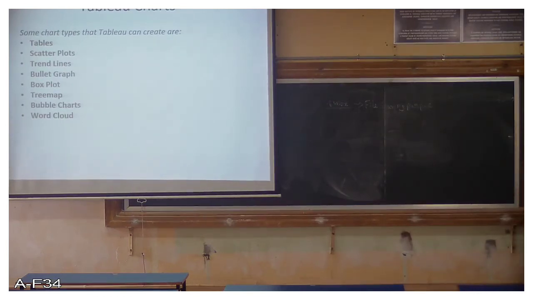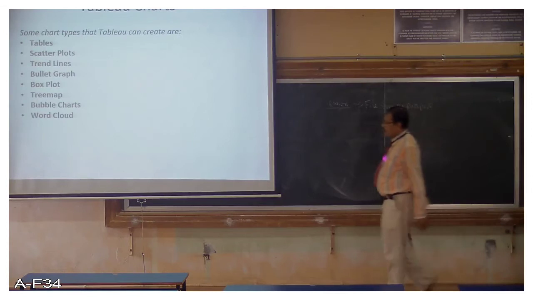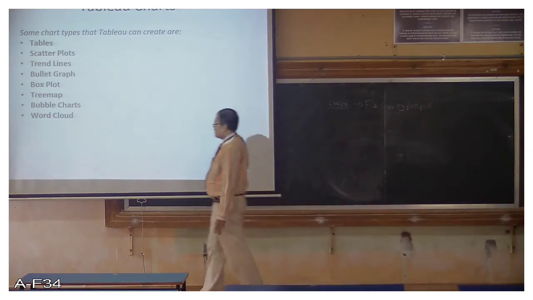So the next one is tree map chart. This tree map chart is one of the best compact techniques to visualize the part to whole relationship as well as hierarchical models. So, hierarchical structure and the tree map structure.